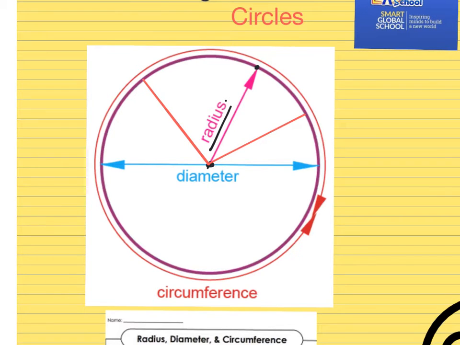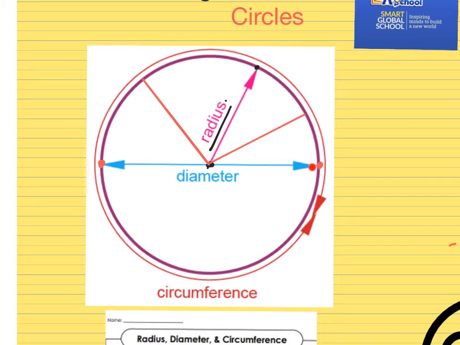Now, the other definition is diameter, right? A diameter again is another line segment, but in this case, the diameter touches two different points in the circumference. It touches this point and this point. But now, what is the difference between this line segment and this line segment?